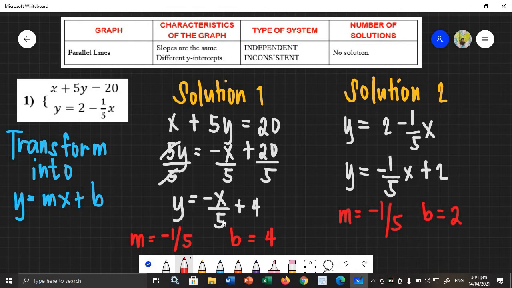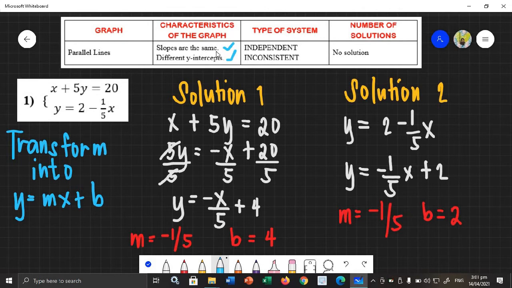So, observing the slopes, they have the same slopes, di ba? So, we can check this one. Same yung slope nila, parehong negative 1 over 5. But they have different y-intercepts. So, tama yung condition. Therefore, we can conclude na this system of linear equations, parallel lines nga yung graph niya.